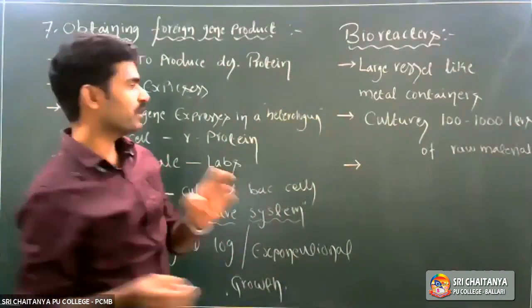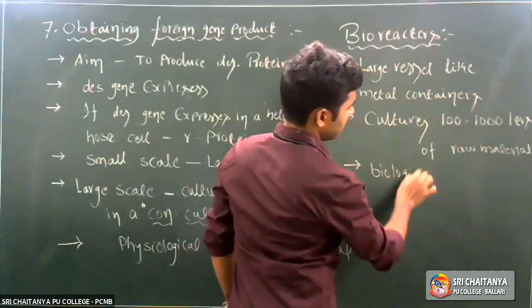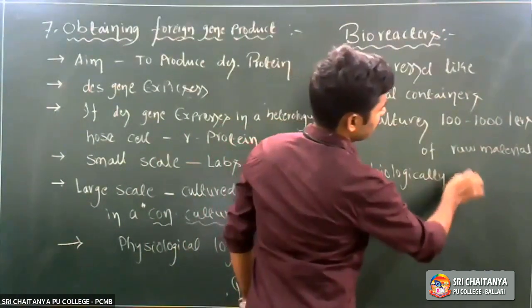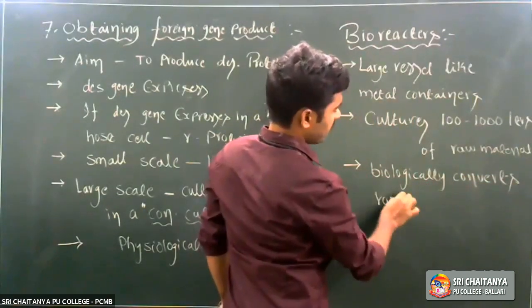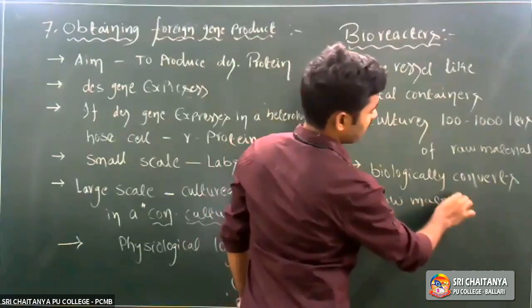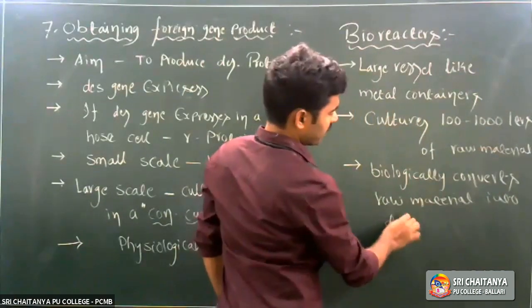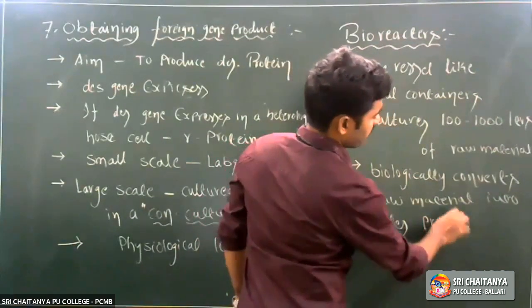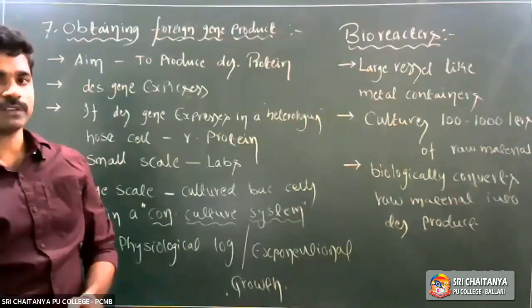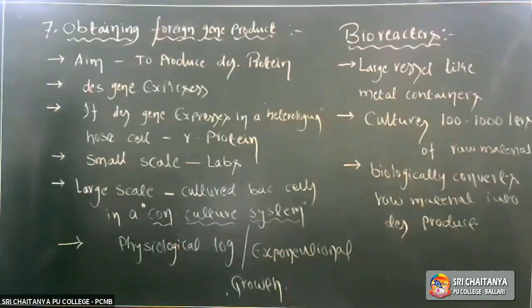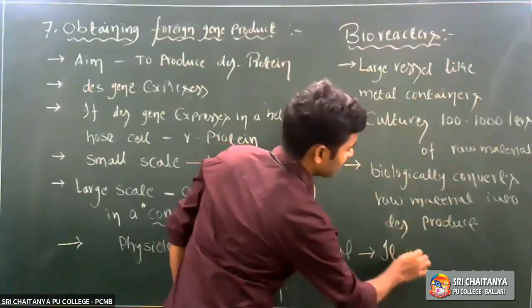Because bioreactors biologically convert raw material into desirable products or required products. And it is a cylindrical structure.